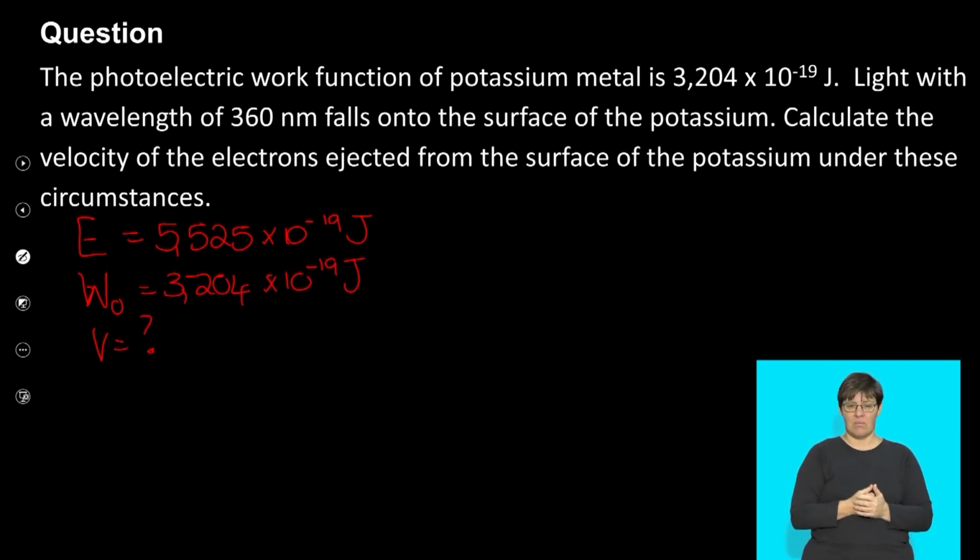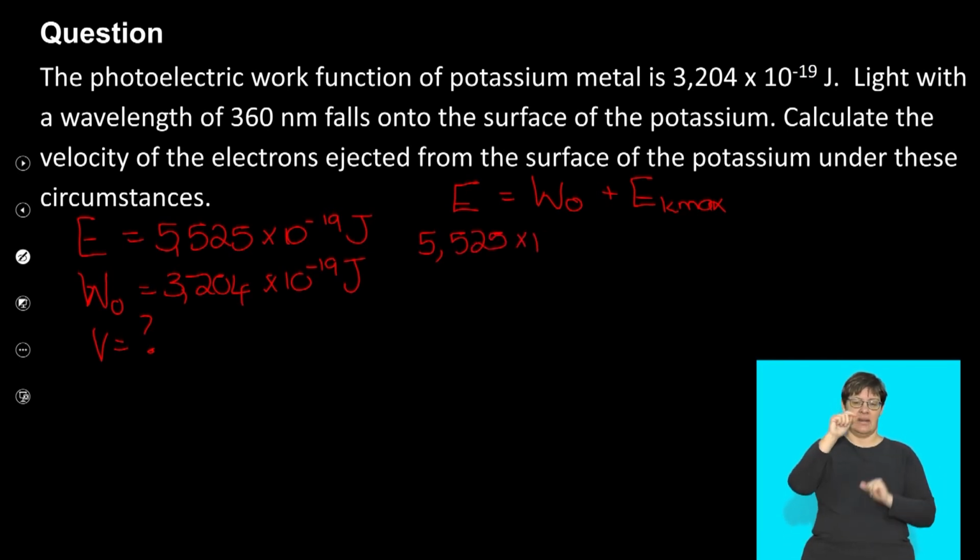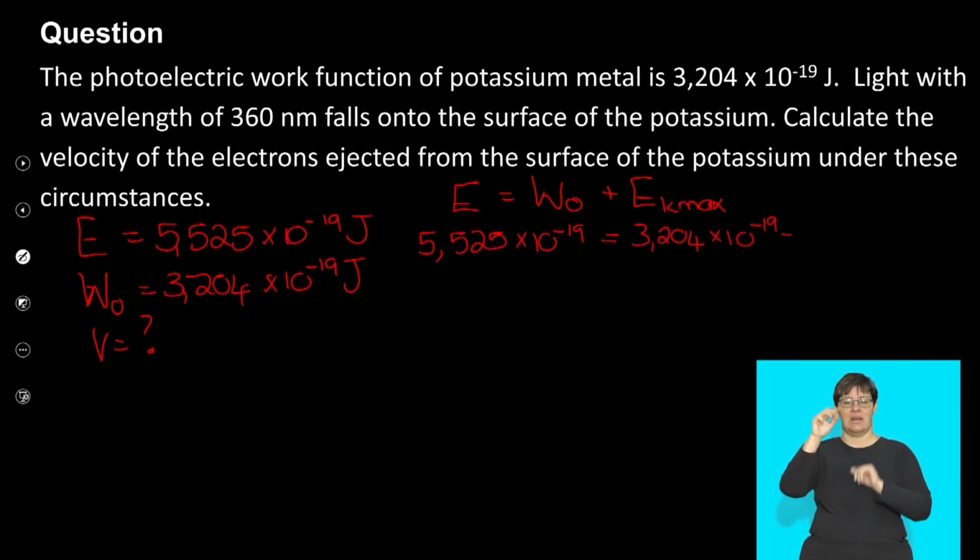Well, they've actually made our lives a lot easier because E equals W0 plus EK max. We know E, 5,525 times 10 to the minus 19, W0 3,204 times 10 to the minus 19.